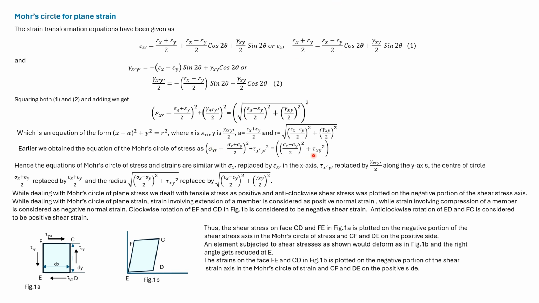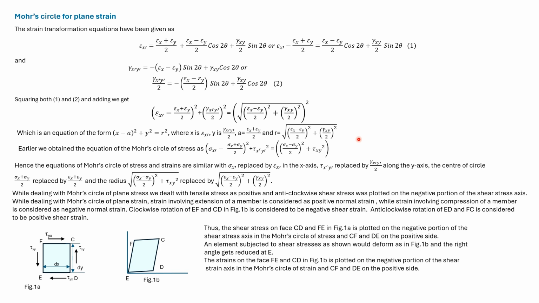This is the equation we obtained for Mohr's circle of stress. So in the Mohr's circle of stress, if we replace sigma x dash by epsilon x dash, tau x dash y dash by gamma x dash y dash divided by 2, and sigma x, sigma y, tau xy by epsilon x, epsilon y, and gamma xy divided by 2, then we'll get this equation, which is for plane strain.